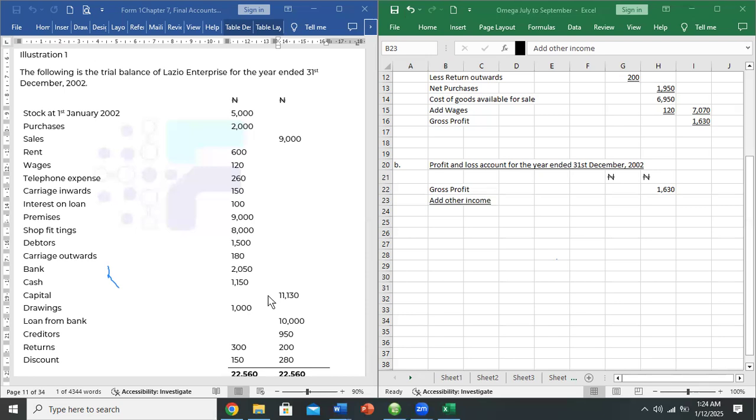Wages. I say, are you sure wages is... No, it's wrong. Please, so rent. I'm sorry, rather rent, 600 Naira. Just so you get it clear, we are looking for other income, not expenses. So any income you see in this trial balance, do you see any income? I think last time we discussed the income, so you should have a fair idea of it.